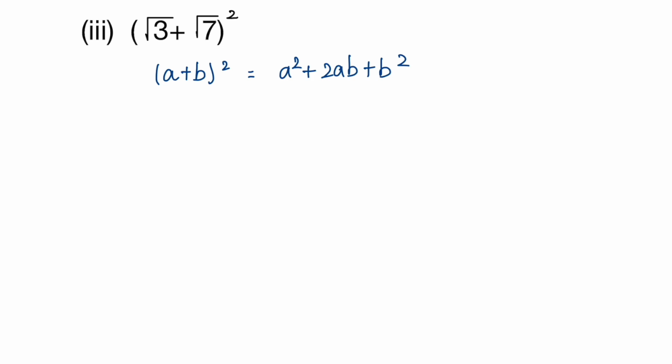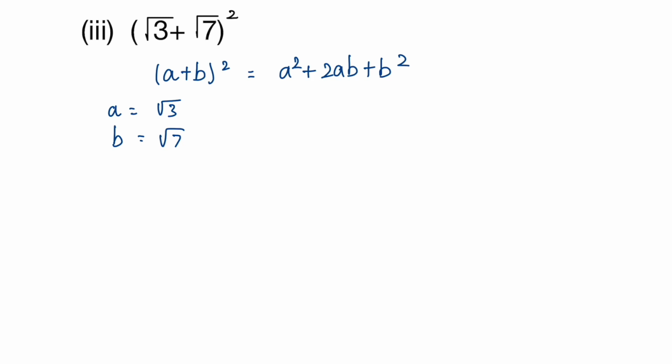Now we are just going to apply the values of a and b here. In this case a equals root 3 and b equals root 7, but it actually doesn't matter, it is interchangeable because it's just addition, so the order doesn't really matter.